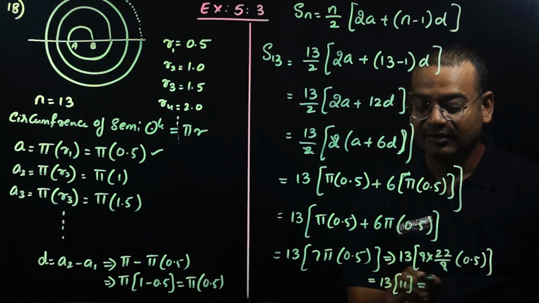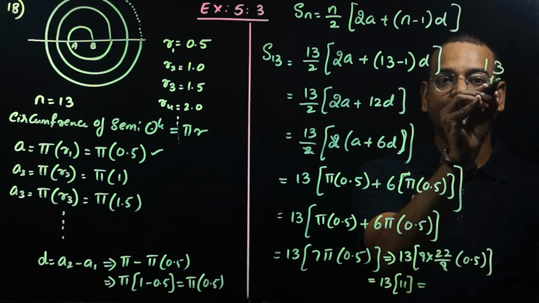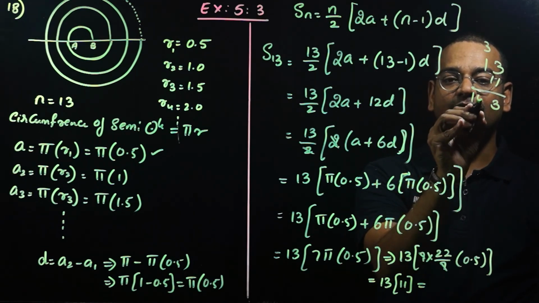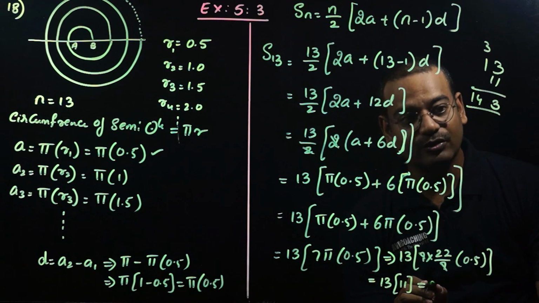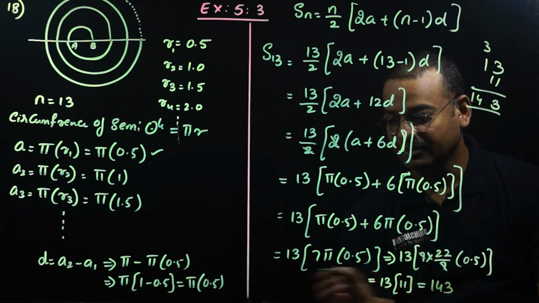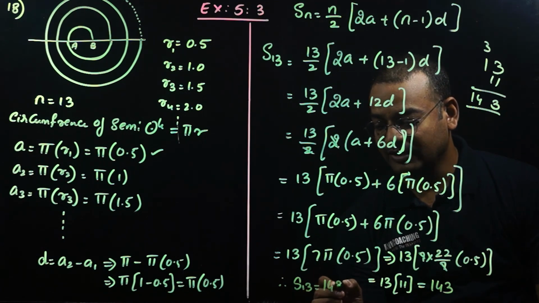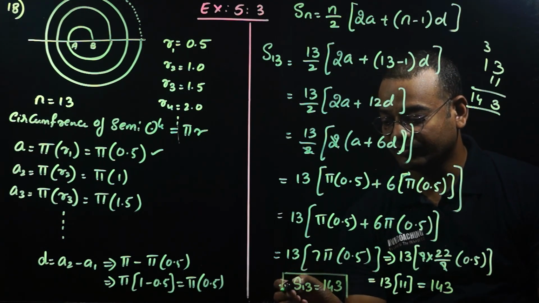So this will be 13 into 11. 13 into 11 will be 143. Therefore S13, the total length of the wire, will be 143 for 13 rounds of the spiral.